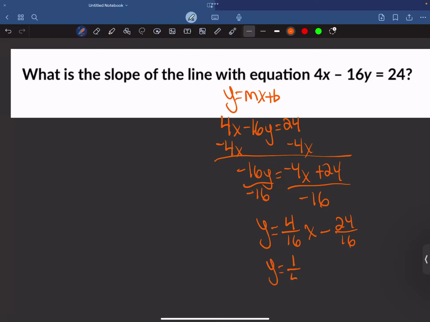And that's going to be 1/4 x, and this is going to be 3/2. Again, I'm just finding the largest number that can divide into both of them without creating a decimal. 4/16, the largest number is 4. 24/16, the largest number is 8. So here, the slope of your line is 1/4.